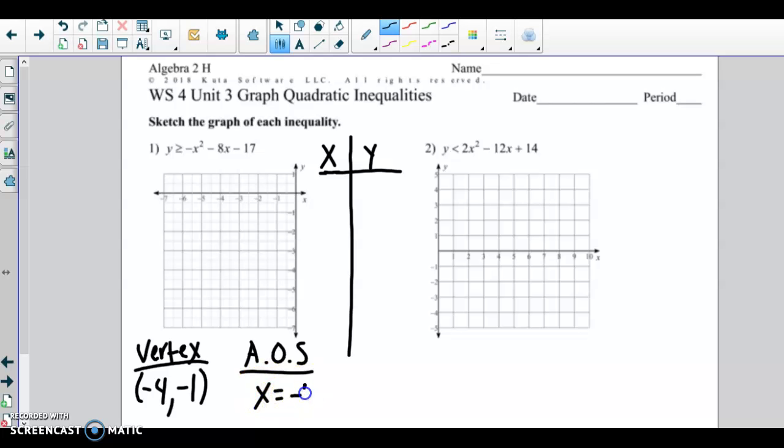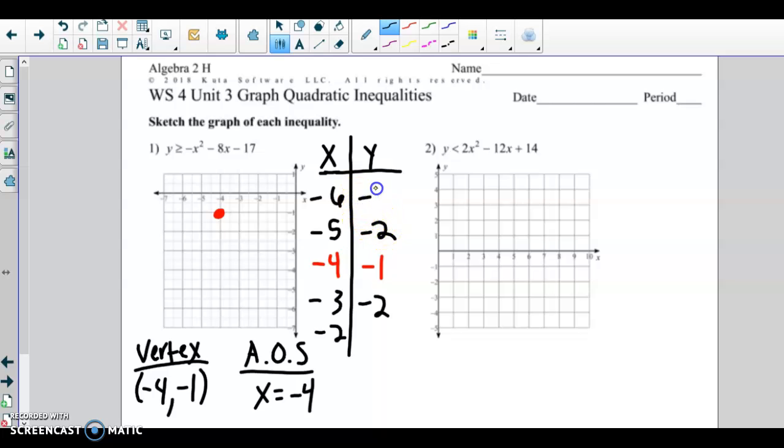And my axis of symmetry is at negative 4. And if I build a table of points here, if I plug these in at negative 5, I'm going to get negative 2, I believe. And at negative 2, I'm going to get negative 4, I believe. Let me double check that.